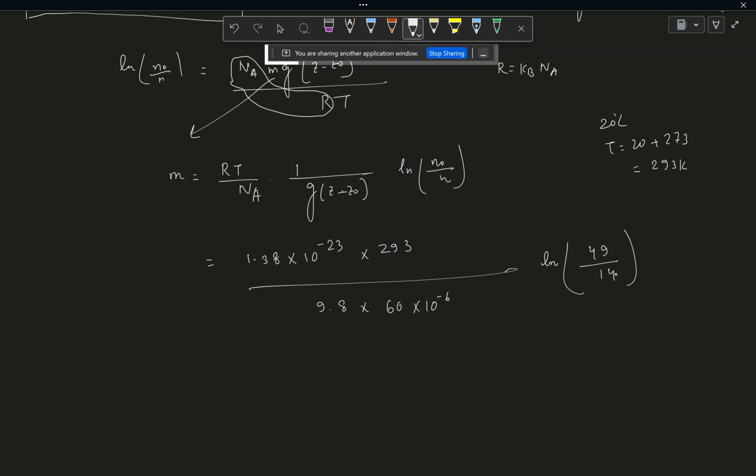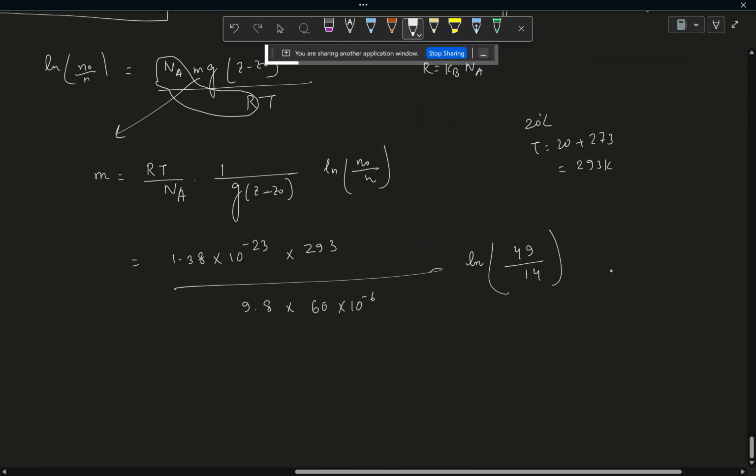Another thing you can do over here, if you have problems in assuming that each layer is of unity thickness, you can also say that it has a certain thickness of T, and because each layer will be of the same thickness, it will cancel out, right? Because there is a ratio over here. Whatever the thickness is, it is the same for both of the layers.